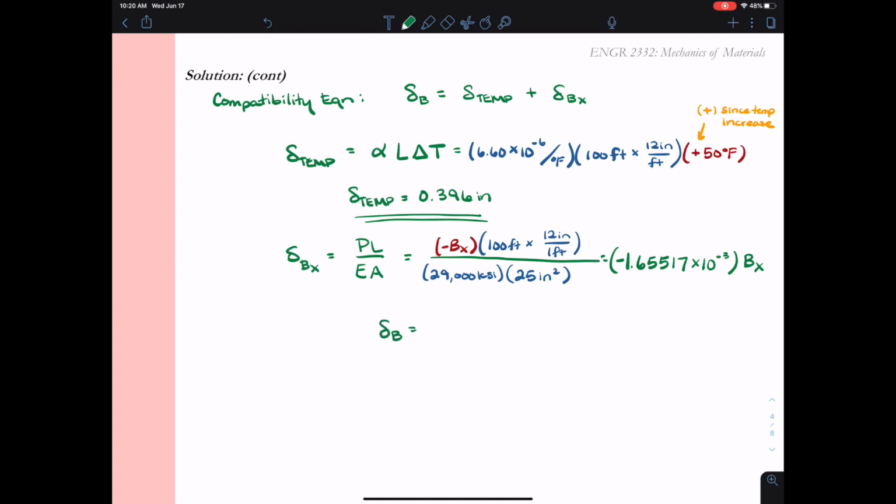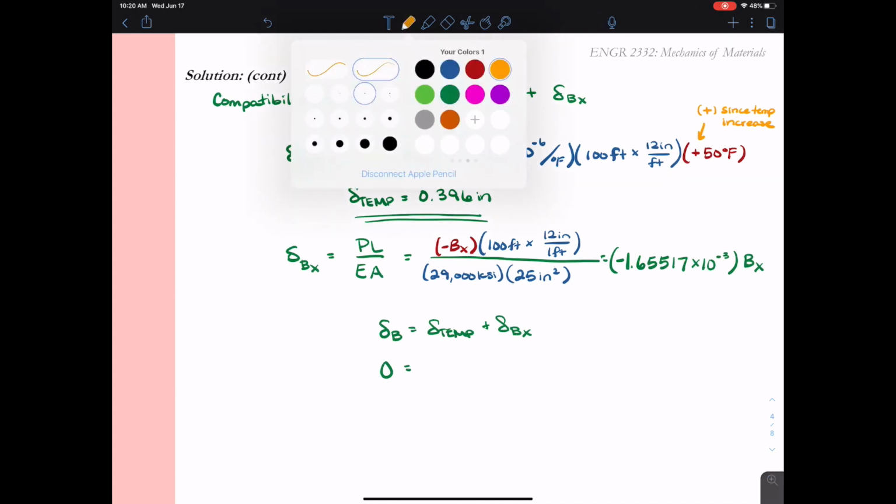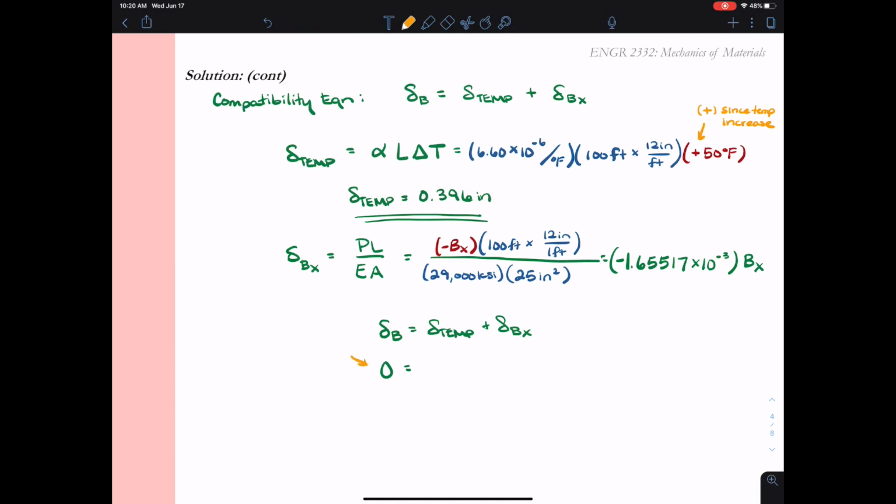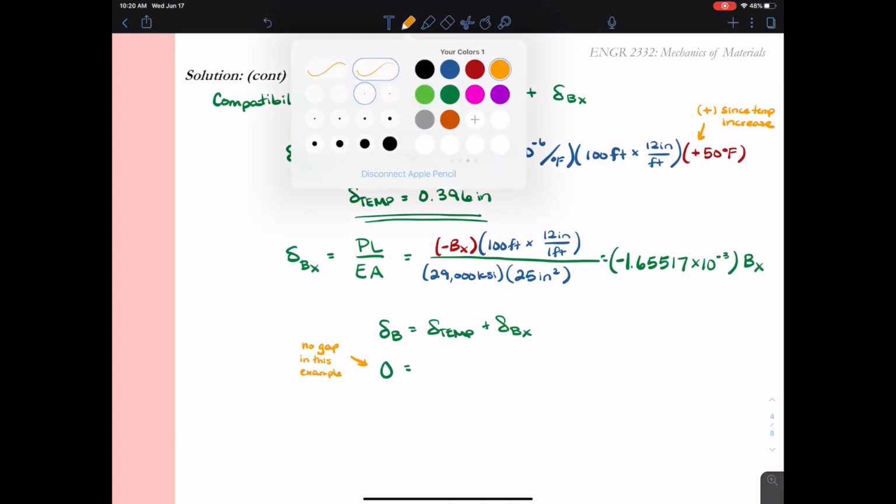All right, with these results, we're ready to go back to our compatibility equation. Our compatibility equation says that delta B equals delta temp plus delta Bx. Delta B is 0 in this case because we have no gap between the beam and the wall at point B. If we did have a gap, we could account for it here by including a real number for delta B. In this case, delta B has to be 0.